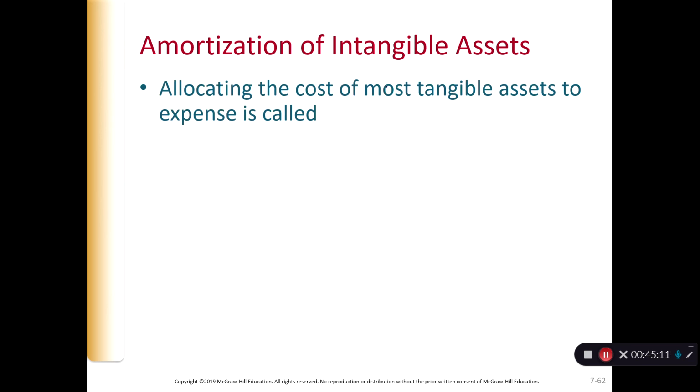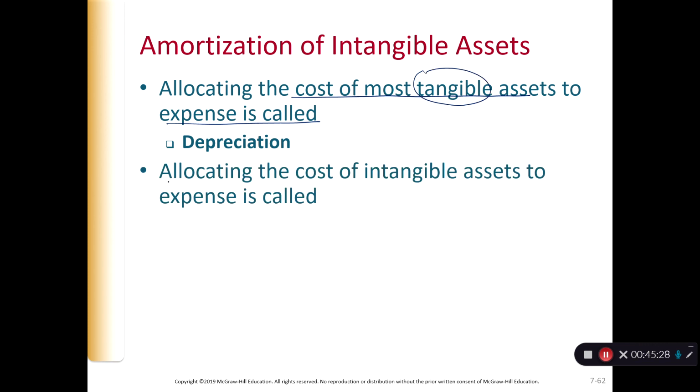Amortization is the same thing: allocating the cost of tangible assets to expense is called depreciation, and allocating the cost of intangible assets to expense is called amortization.